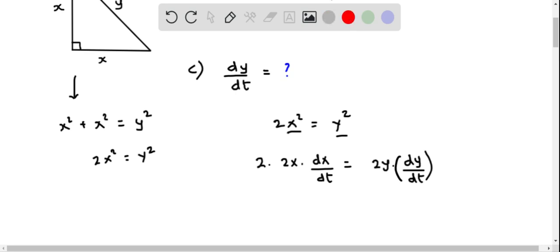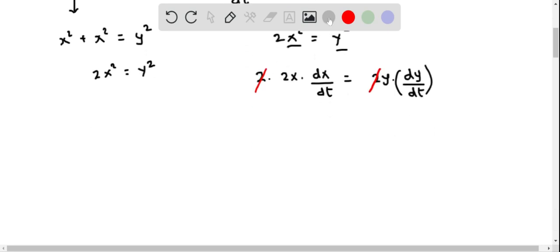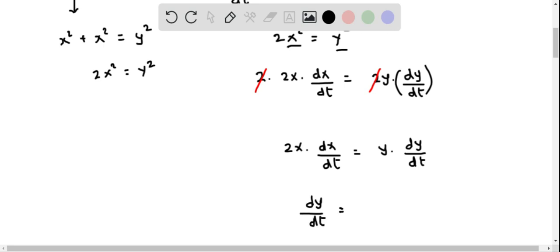We can divide both sides by 2, and this 2 and this 2 will go off. So this can be written as 2x dx over dt equals y times dy by dt. Solving for dy by dt, we get dy by dt equals 2x dx by dt divided by y.